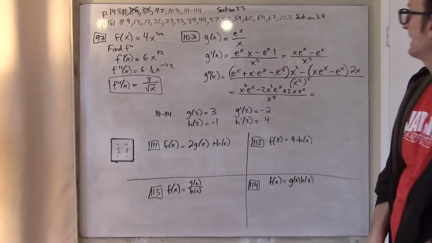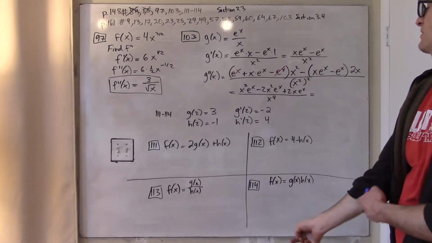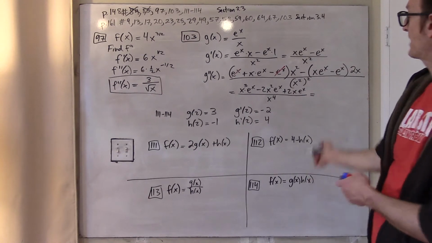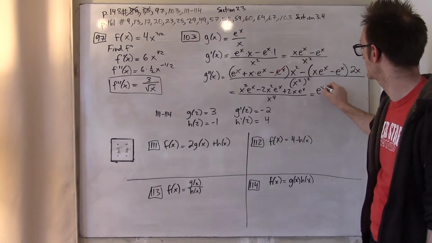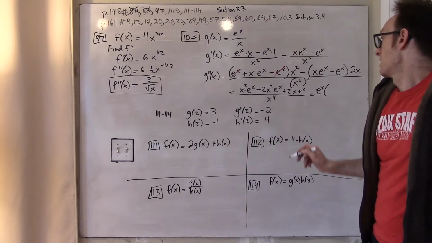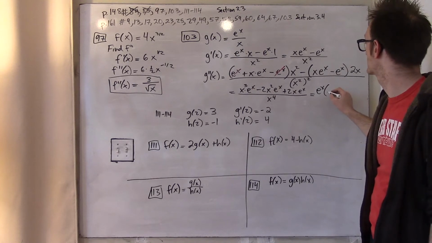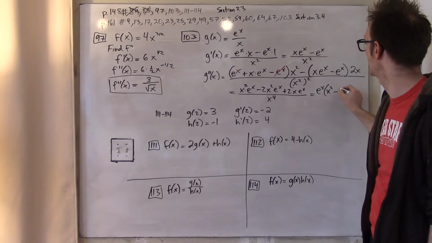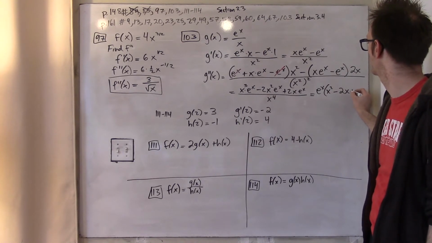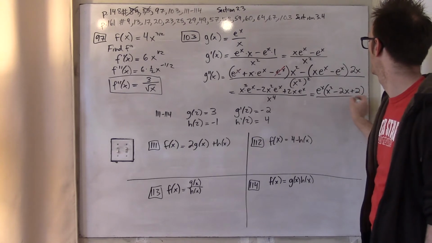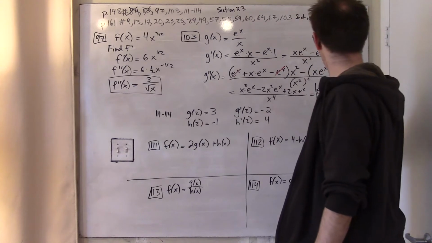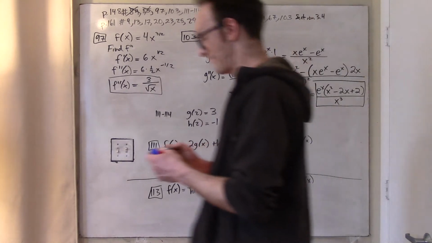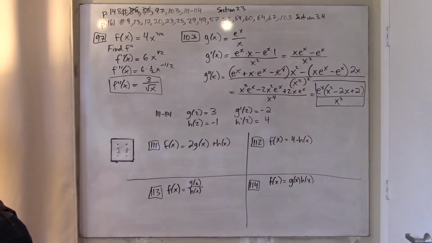And now finally, I can cancel an x out of every term and I can factor an e to the x out of every term. So I guess what I end up with is e to the x times x squared minus 2x plus 2 all over x cubed. And I bet that's how it's given in the back of the book. Something like that.